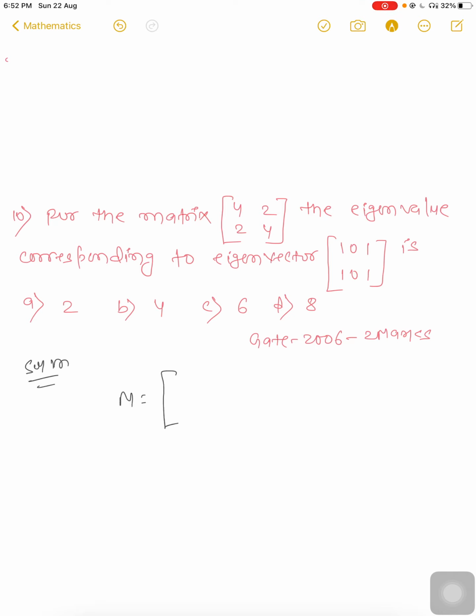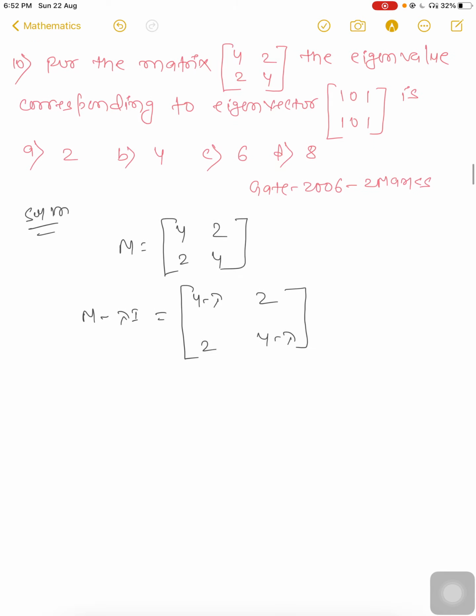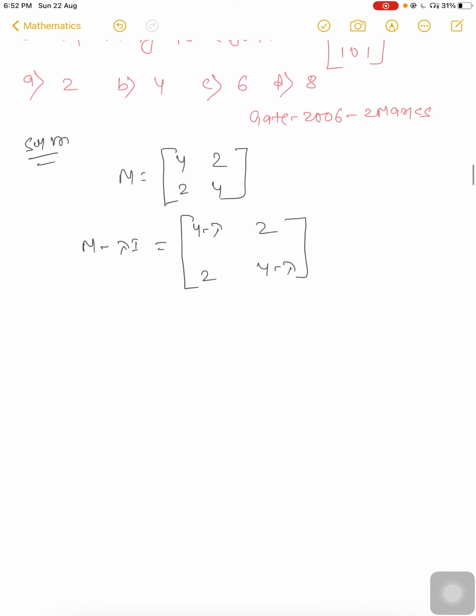Let us consider M a matrix, 4, 2, 2, 4 is given, and M minus lambda I is equal to, what will happen? 4 minus lambda 2, 2, 4 minus lambda.